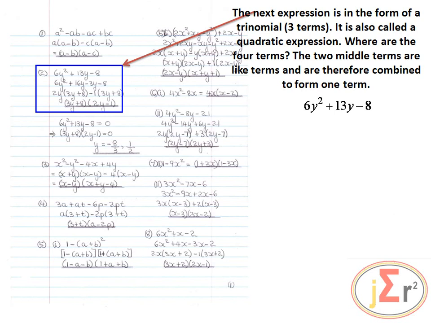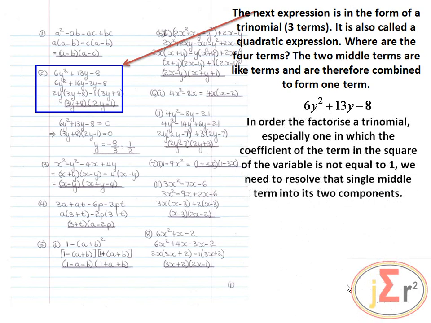So, we have a trinomial called a quadratic, and we need to know where we may find the 4 terms, because this surely is not quadratic in its appearance or form, but it is actually quadratic. And the answer is, it is quadratic. However, the 2 middle terms are like terms and are therefore combined to form 1 term.